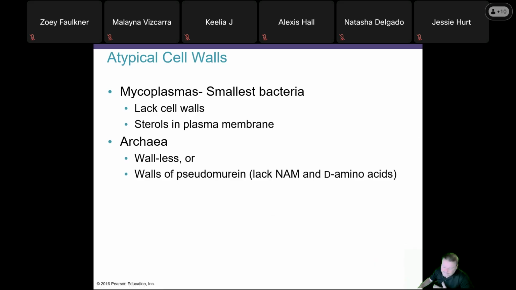Well, I say nothing in common. They do have in common that they're both prokaryotic cells, but other than that, they don't have anything else in common. They were lumped together because no one knew anything about them until recently. And then with genetic testing and molecular biology, we were able to figure out that these two aren't even closely related to each other. They branched off a long time ago.